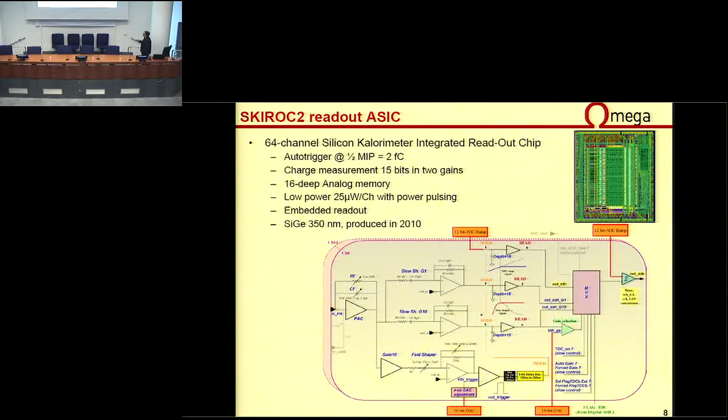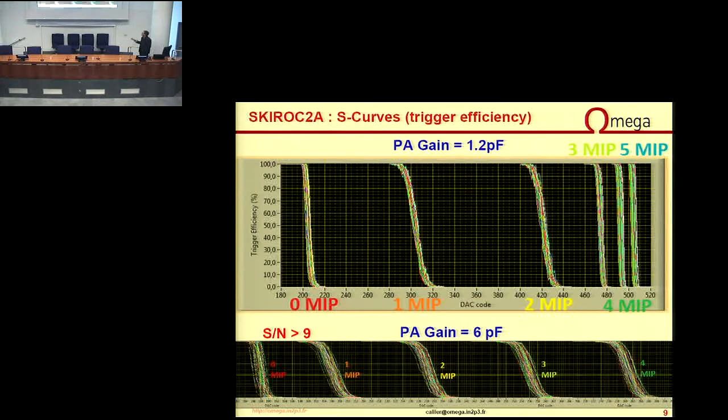So the trigger is delayed in order to sample the maximum of the waveform, and this is stored in the analog memory. There is also a TDC, but it was not foreseen and it was not used up to now on the ECAL. Afterwards, this is digitized by the embedded ADC.